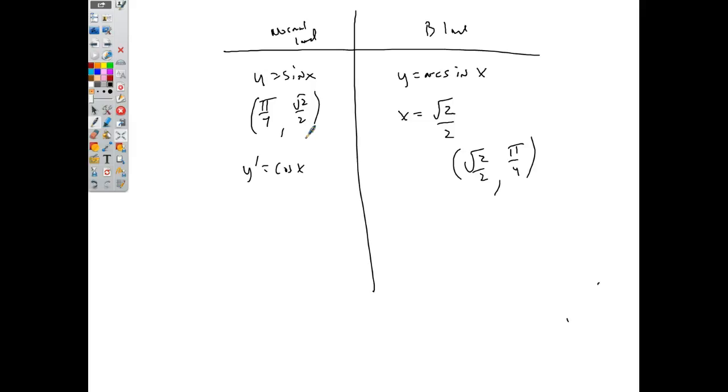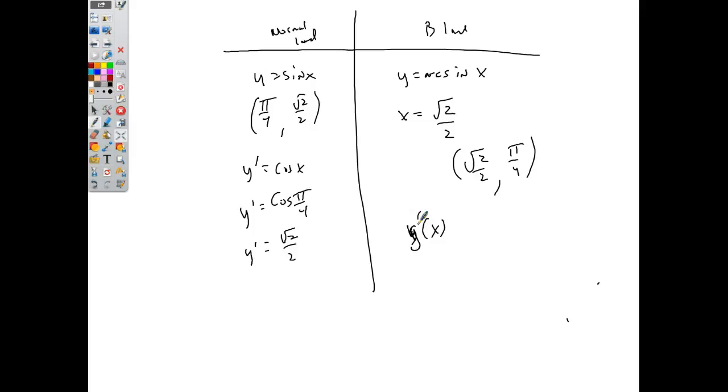So now what point am I going to put in this function here? What am I going to put in the derivative? What value of x? Pi over 4. Which is going to give me, ironically enough, root 2 over 2. Which means the derivative, let's call it g of x. Does it say f of x in the problem?